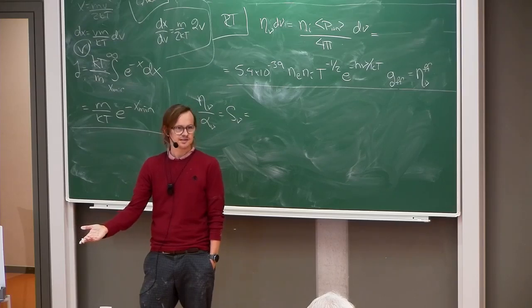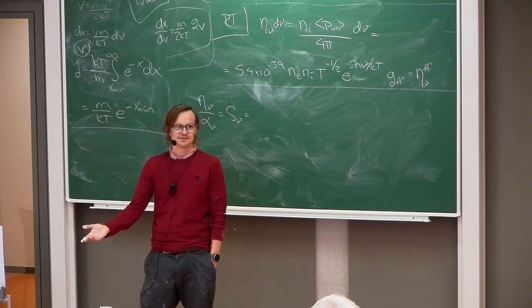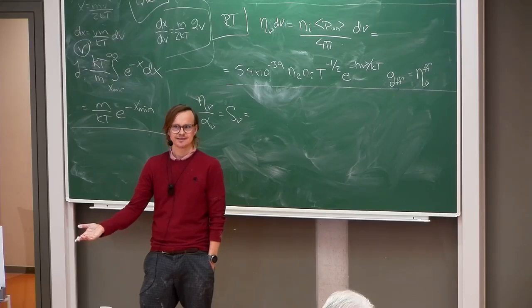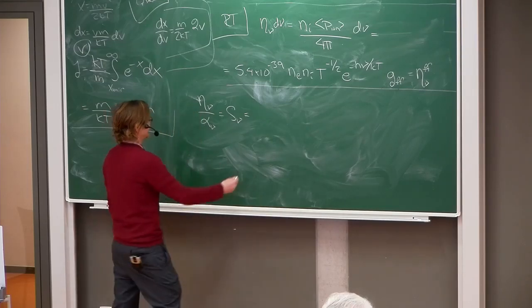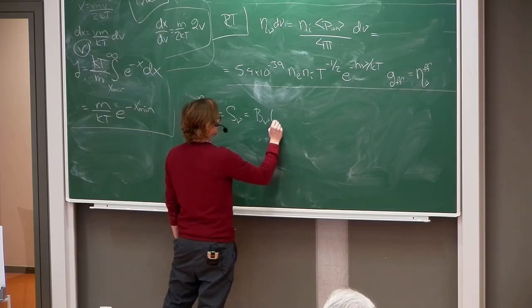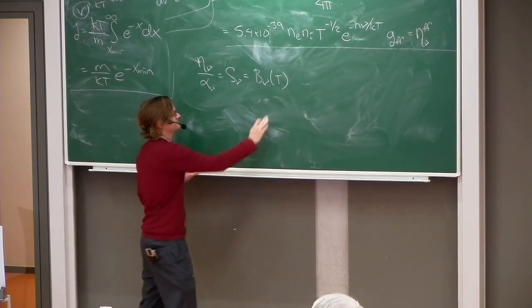We know this. It's the Planck function, B nu of T. The source function for a thermal process is the Planck function.